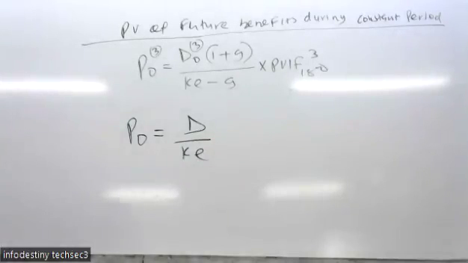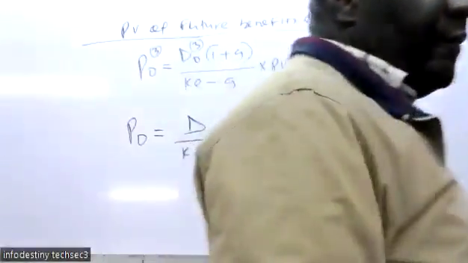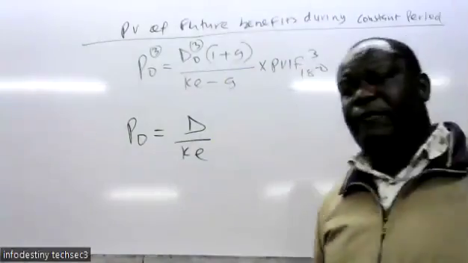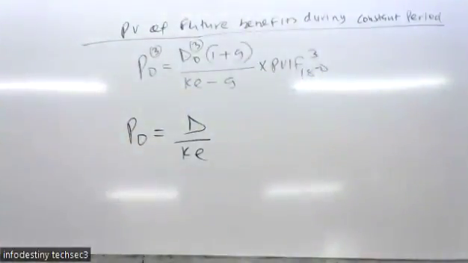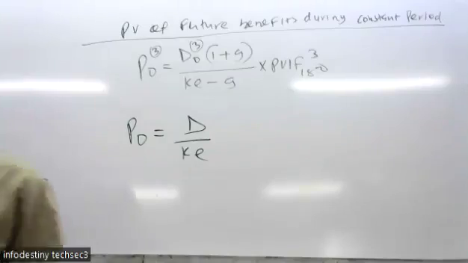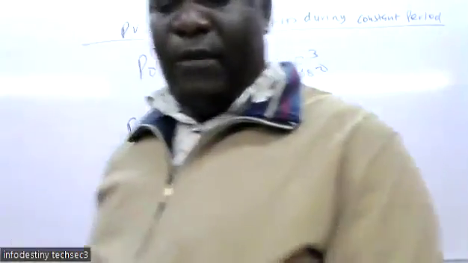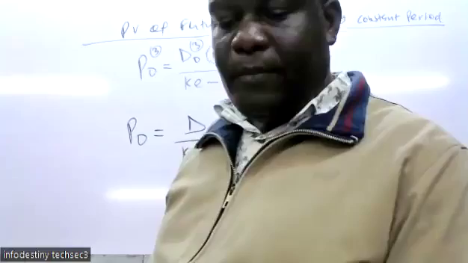Remember, ordinary share was a variable return security.